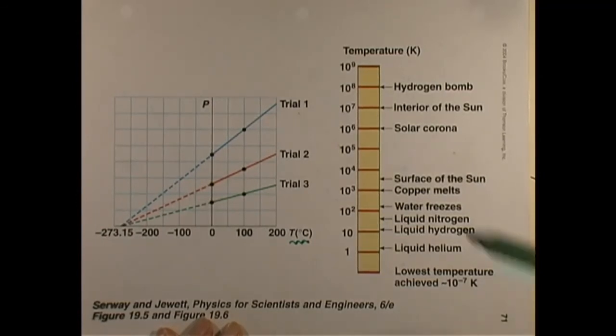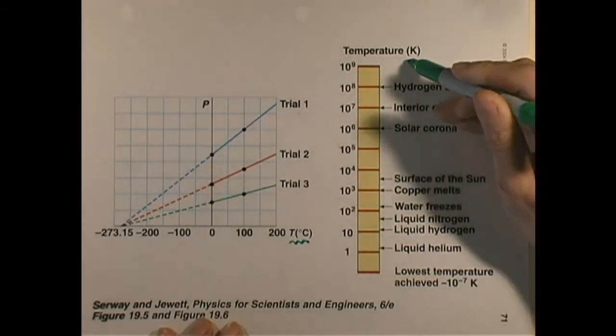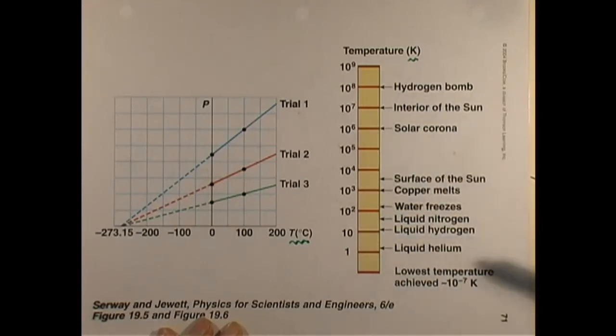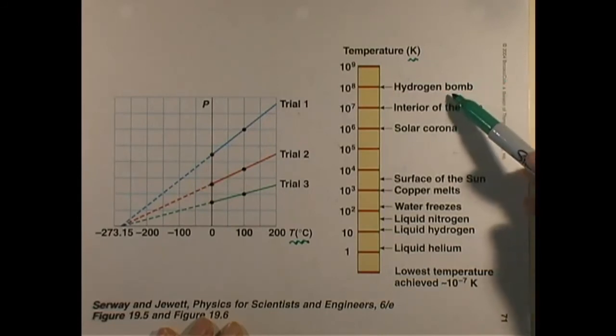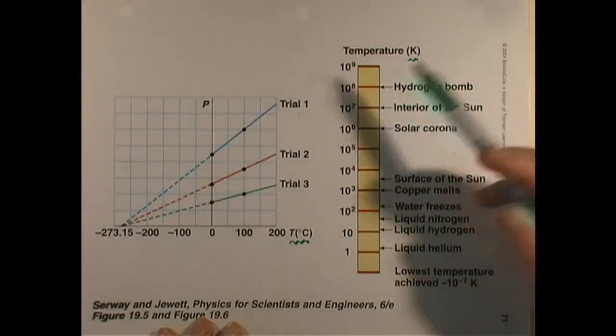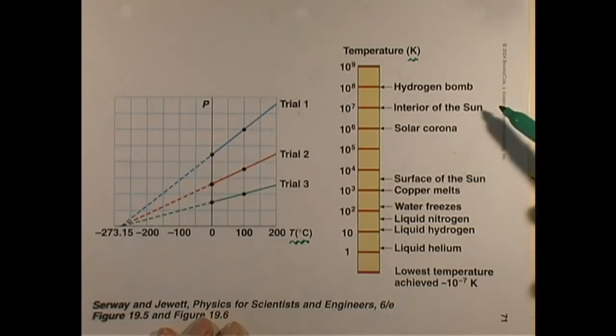Right now, we have another picture next to it. It has a new symbol, which is K. This K is the absolute temperature scale, and K represents Kelvin. And they give us some references at that scale: a hydrogen bomb has a temperature of 10 to the 8, that's 100 million Kelvin.